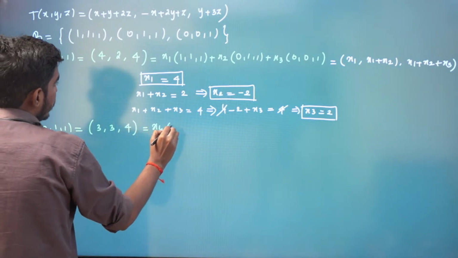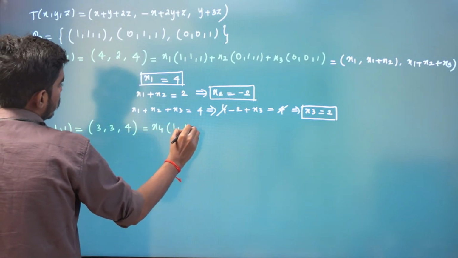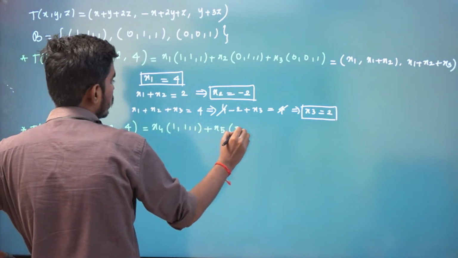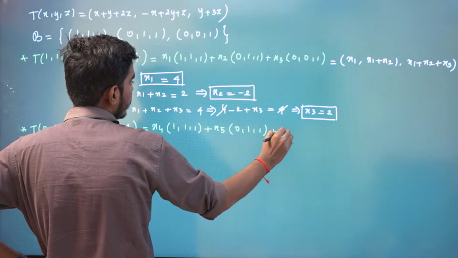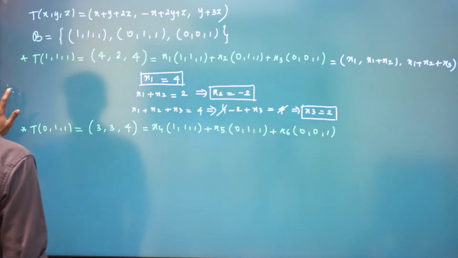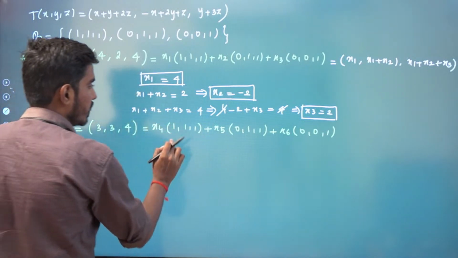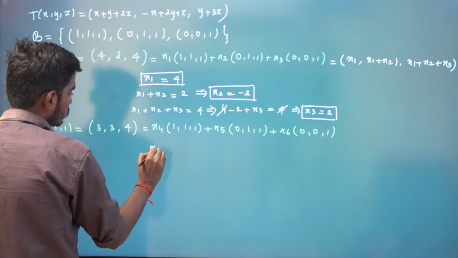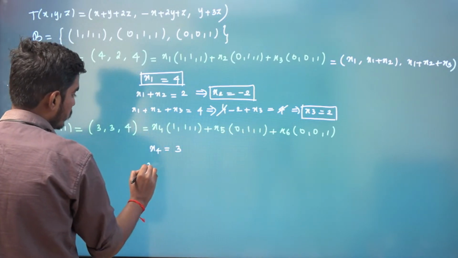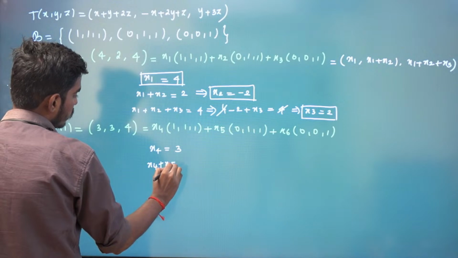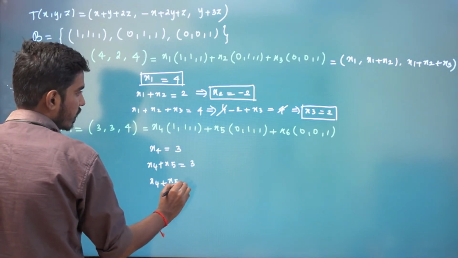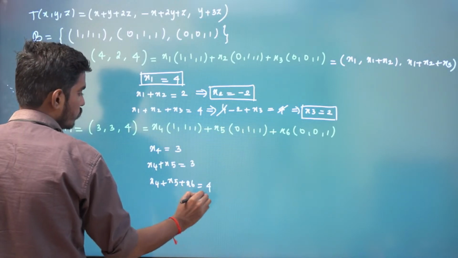Let us say x4 times, what's the basis vector? 1, 1, 1 plus x5 times 0, 1, 1 plus x6 times 0, 0, 1. Now if you try to solve this, what you will have? x4 is equal to 3, x4 plus x5 is equal to 3, x4 plus x5 plus x6 is equal to 4.